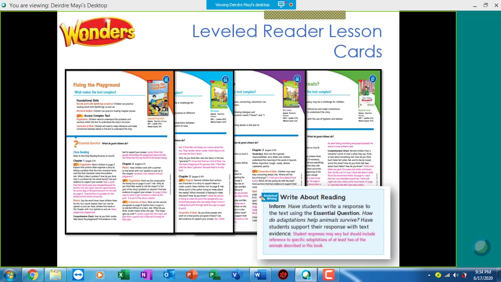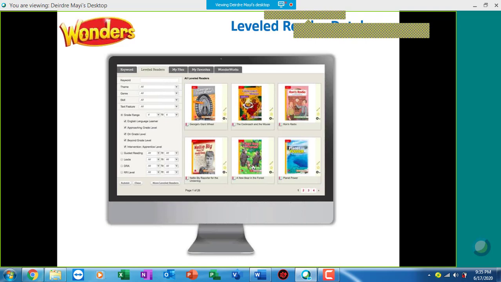Let me be clear. Decodable readers and leveled readers are not the same. Let me be clear. Decodable readers will be read in whole group. Decodable readers come on one level. Leveled readers are used during small group, and they are leveled. Now, you're going to receive 6 copies of each title, but again, these leveled readers are used during small group. Well, what if I need more titles?